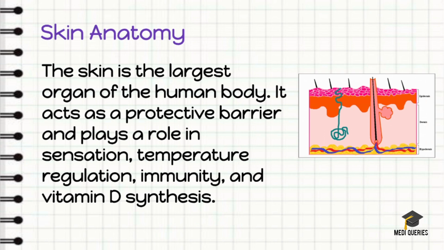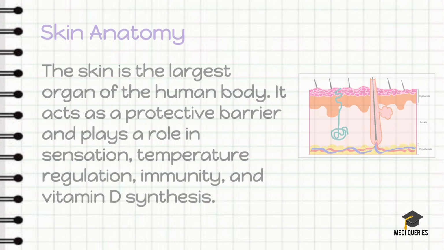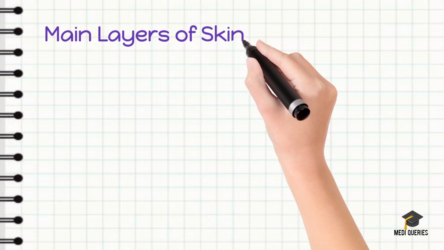So the skin is the largest organ of the human body. That is the common point, we all know about that. It acts as a protective barrier and plays a role in sensation, temperature regulation, immunity and vitamin D synthesis. Okay. There are many layers in the skin. What are those? The first, outermost layer is the epidermal layer.